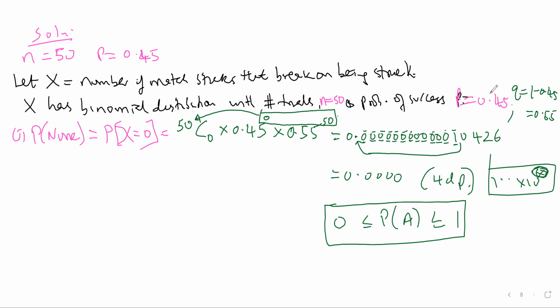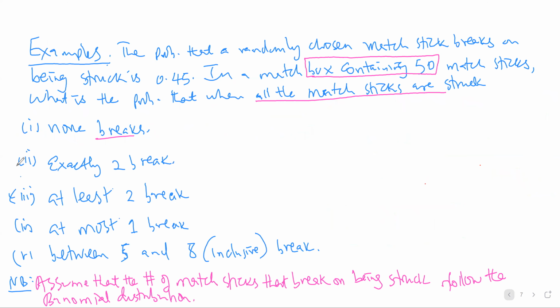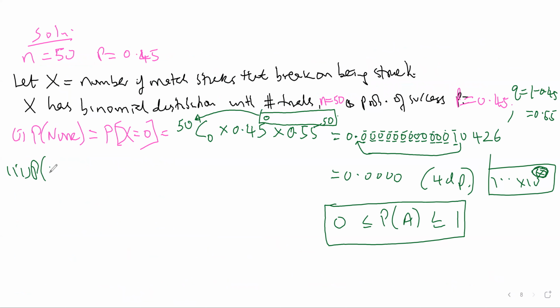So that's Roman 1. Let's look at Roman 2 as I answer a question from someone. Roman 2, exactly 2 will break. So the probability that 2 break is the same as the probability that X is exactly 2.